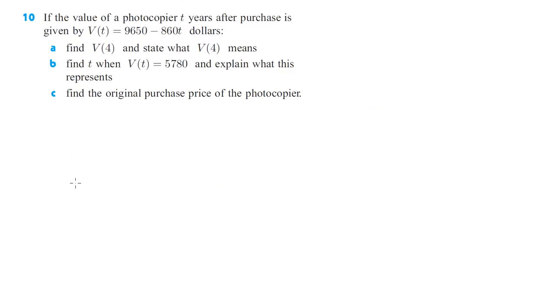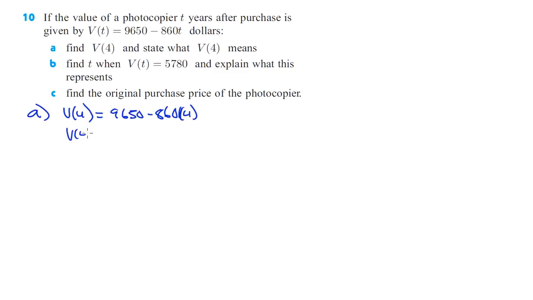Number 10. If the value of a photocopier t years after purchase is given by V of t equals 9650 minus 860t dollars, find V of 4 and state what V of 4 means. Okay, so A. They're saying V of t equals this, V of 4. So wherever we see a t, it now turns into 4. So V of 4 equals 9650 minus 860 times 4, which is 3,440.